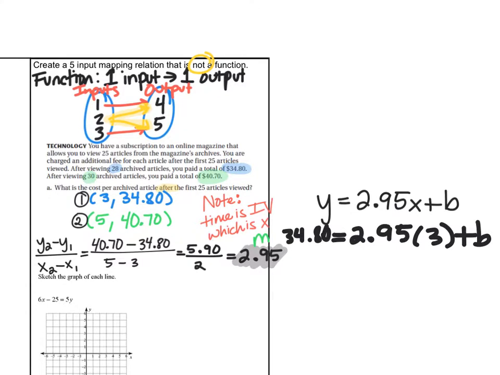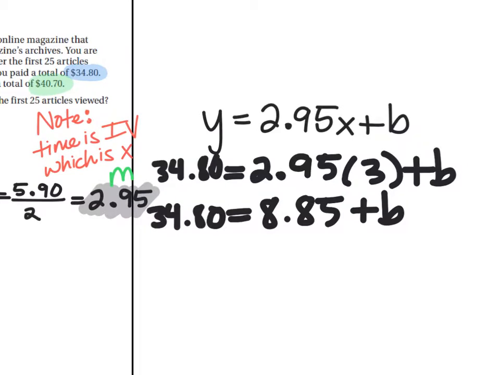Okay, now let's go ahead and solve for b. I'm going to multiply by 3. 885 plus b. Now we'll subtract 885. So that would be 2595.